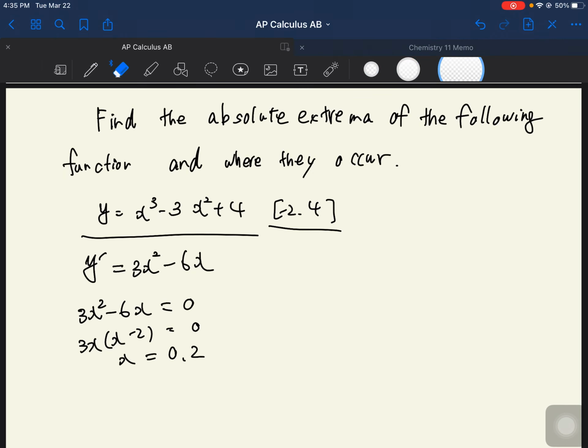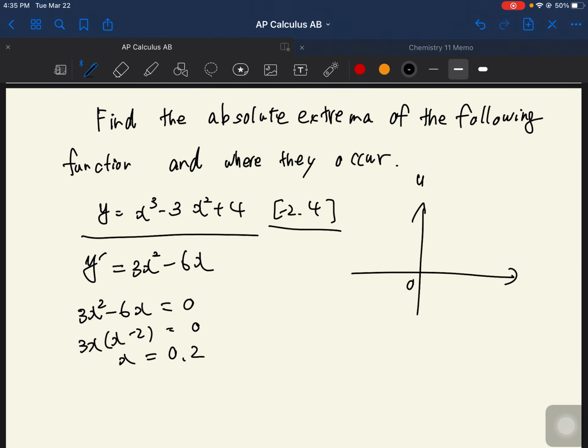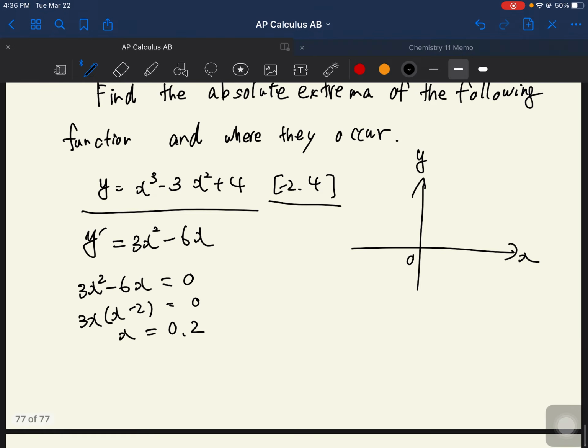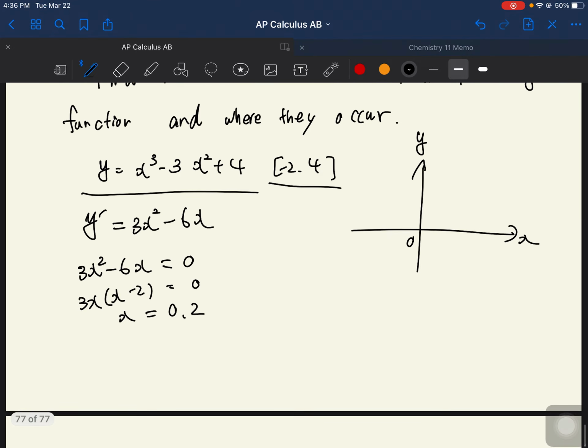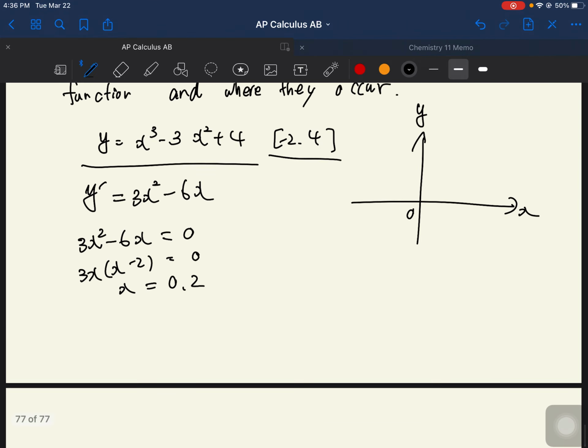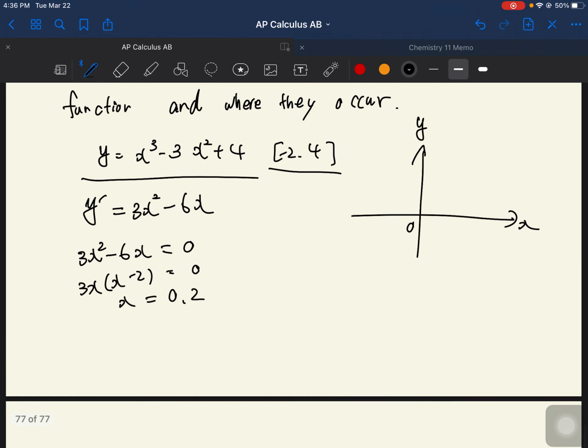So let me just re-sketch this graph again. Next, again, you want to find the shape of the graph. I mean, when the graph increases or decreases.